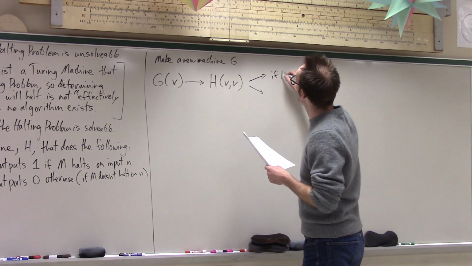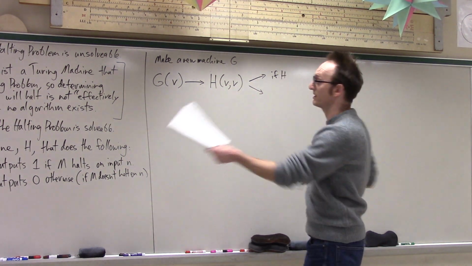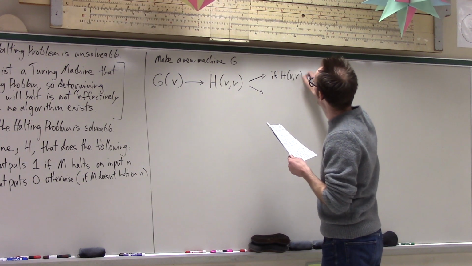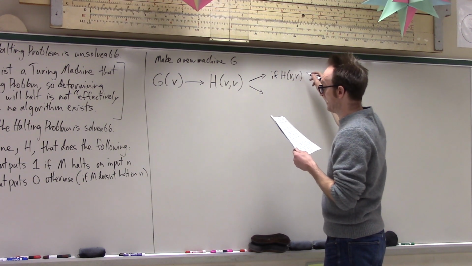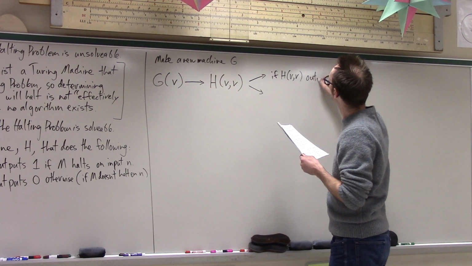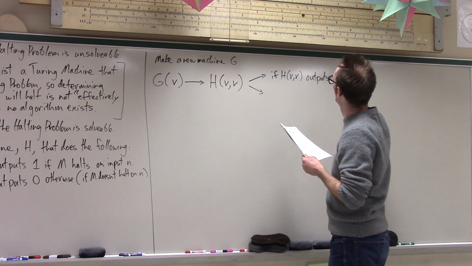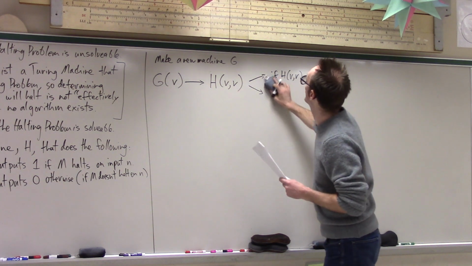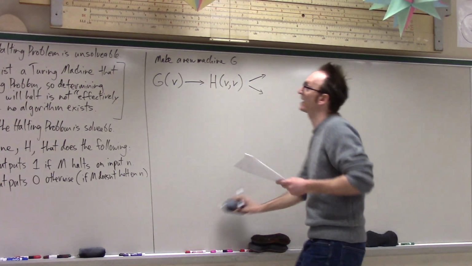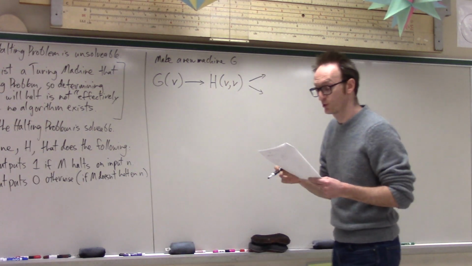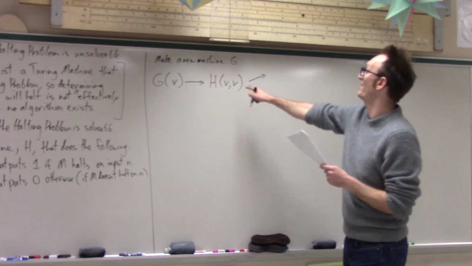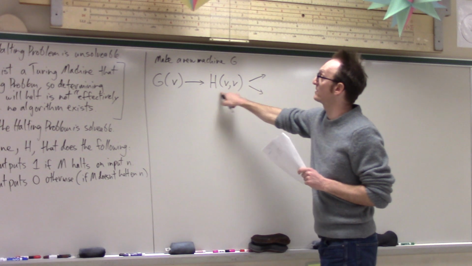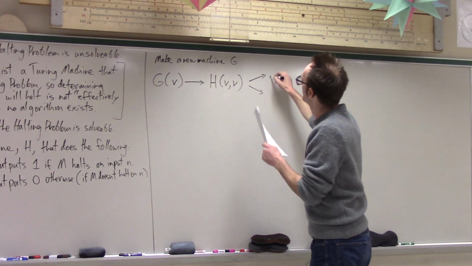Well, let's just say what actually will happen. We are assuming that this halting machine works. Oh, sorry. What I'm doing is defining what the G function should do based on what this H machine does. So you run this on itself. This is allowed because on the assumption I have this H machine.